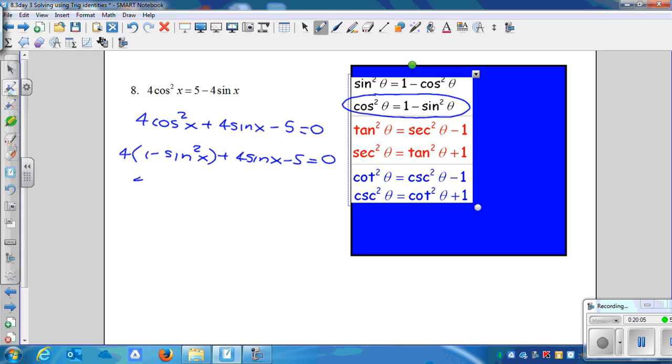I'm going to distribute the 4. And I'm going to combine my like terms of 4 and negative 5. That's going to be a minus 1. And I'm going to divide through by negative 1 so I can have a positive leading coefficient.